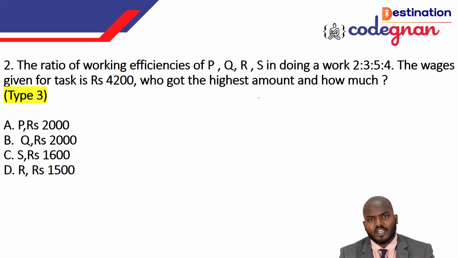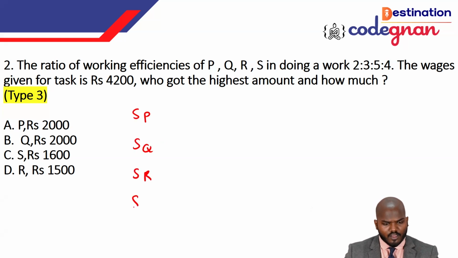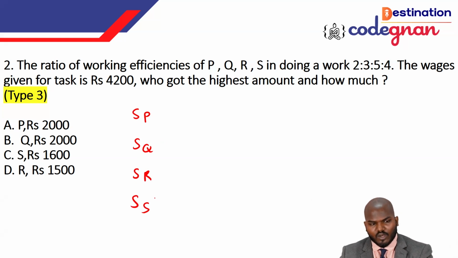They just give the ratio, and the total money for the task is 4200. Now you want to find the share of P, Q, R, and S. Then only can you identify the answer.